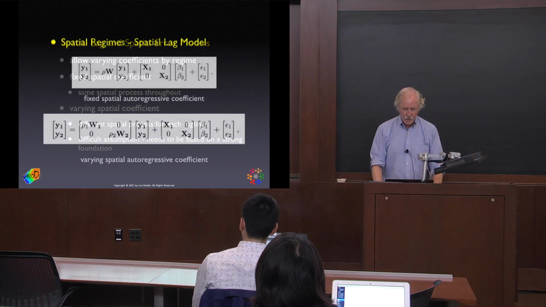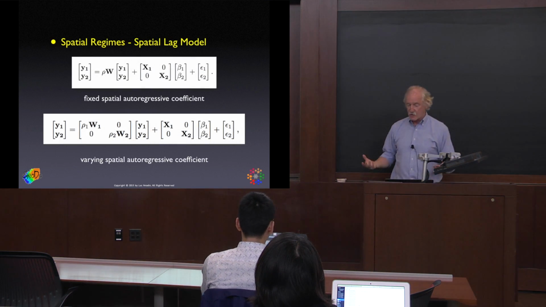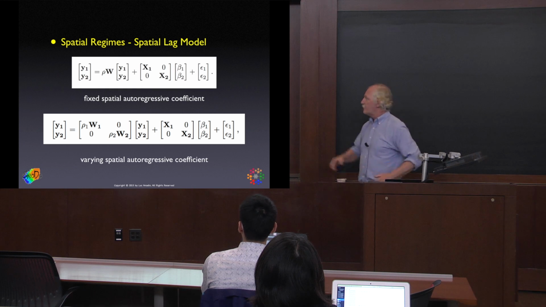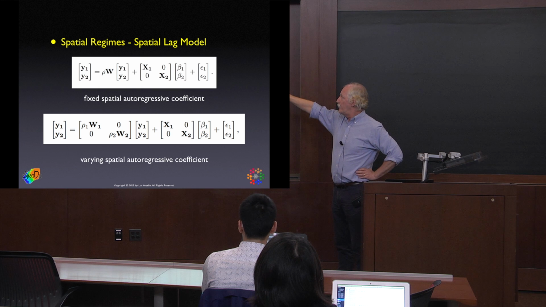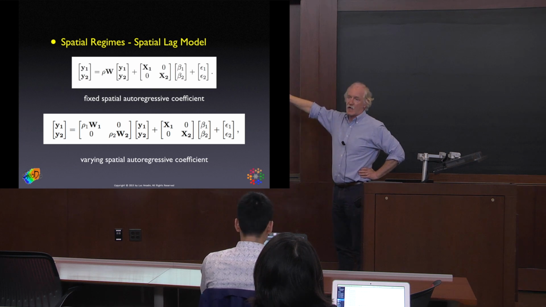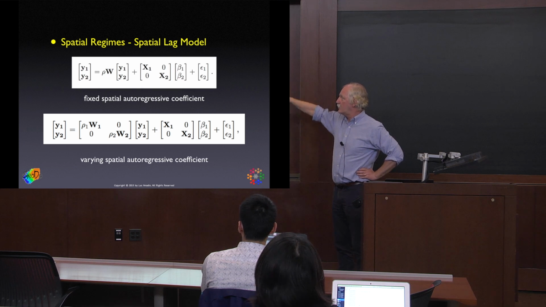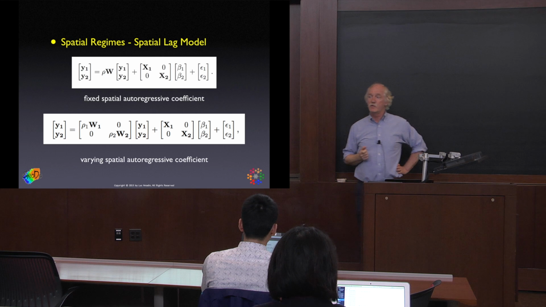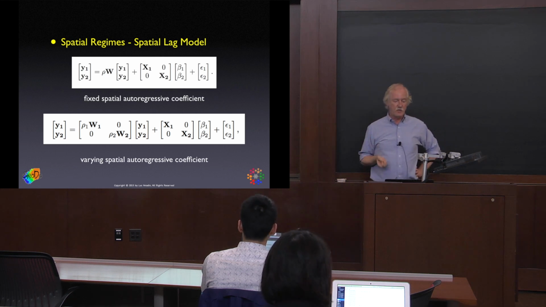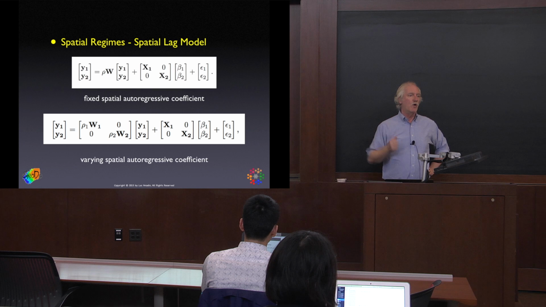So how do you write this down mathematically? It's actually very straightforward. It's a direct extension, a generalization of what we had before. The part to the right is exactly what we had before. Different x's, different betas, different error terms. And then we have a spatial lag plopped in front. In the first case, on the top, we have one rho.